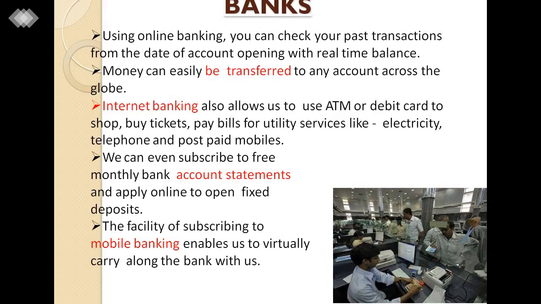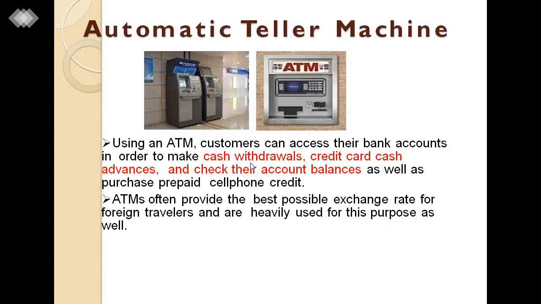We can transfer accounts across the globe, do internet banking, easily maintain account statements, and do mobile banking with the help of computers. That is the automatic teller machine. We have already explained in the slides that an ATM is basically used for cash withdrawal, credit card cash advance, and checking account balances.